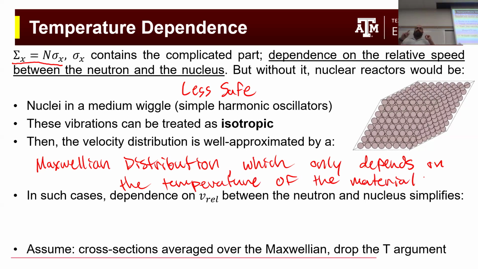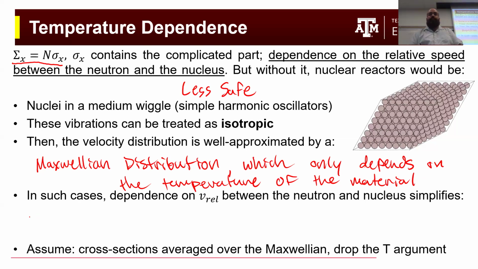So if the material is isotropic, then it looks the same to the neutron from any direction. That means that instead of really needing to talk about the relative velocity, which includes the speed and the direction, we actually only have to talk about the speed of the incident neutron.